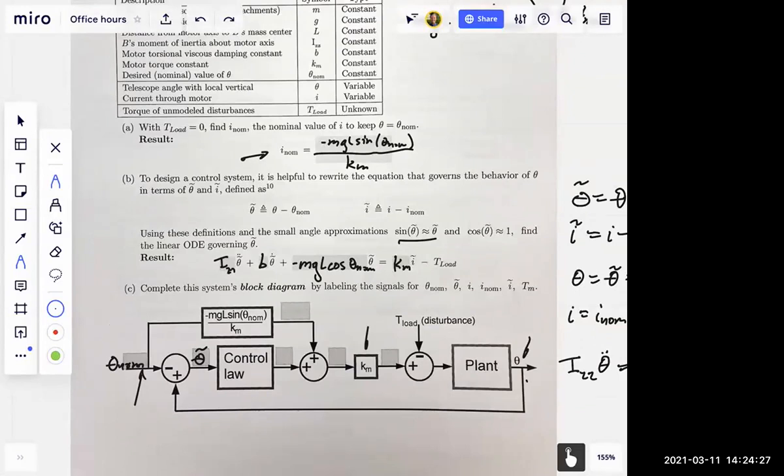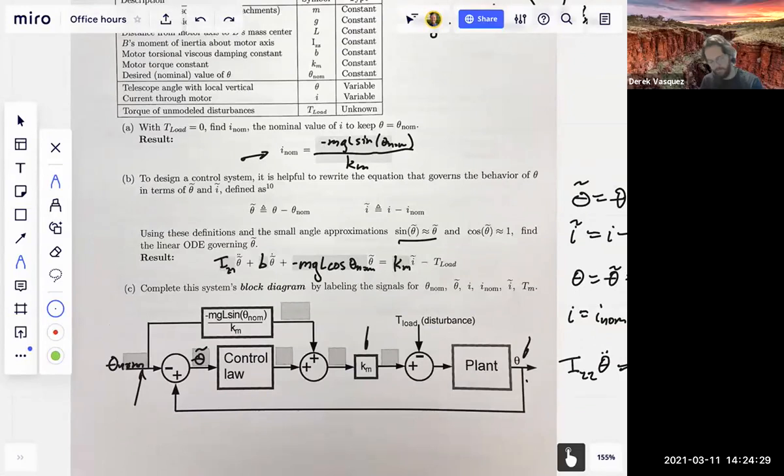I nominal. That was right. I think it was Kathleen that said I nominal. And that's right. So that's the same function that we have written up here at the top. And I nominal comes out of that function.